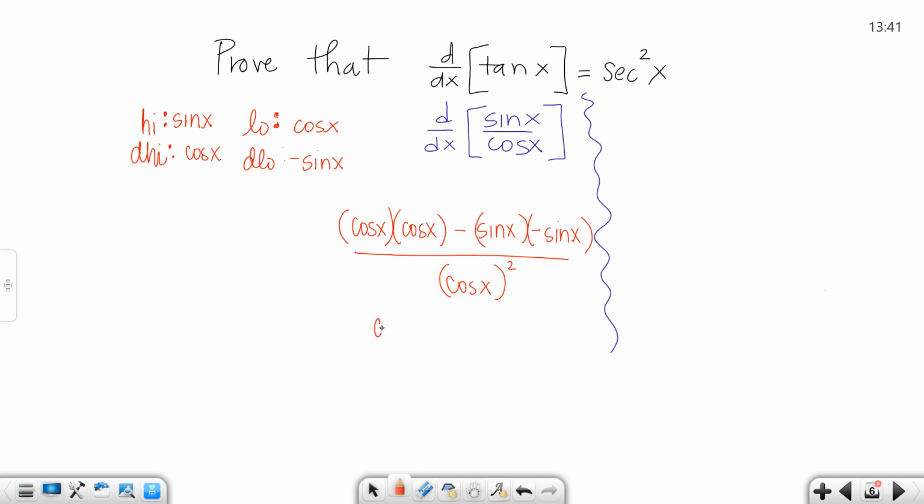When I simplify this out, I recognize that I have cosine squared of x over here. On the right side, I have 2 negatives. Well, 2 negatives multiplied together give you a positive, and sine times sine would be sine squared.